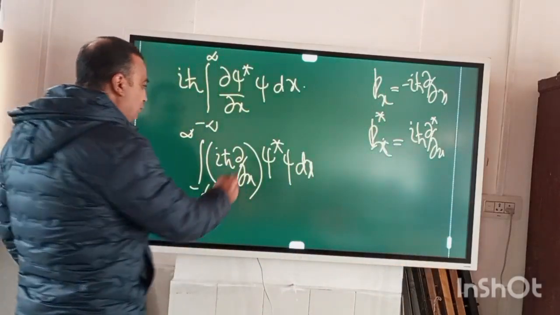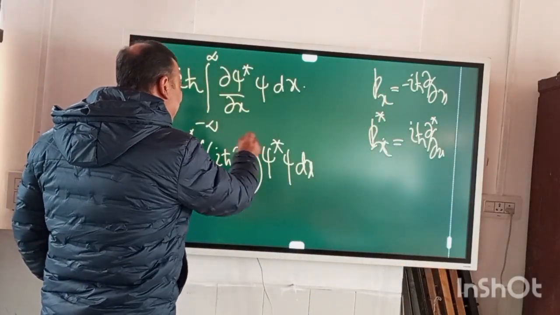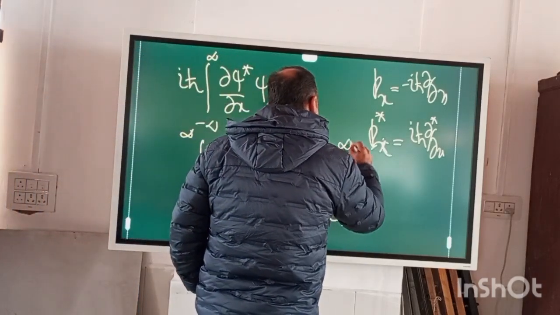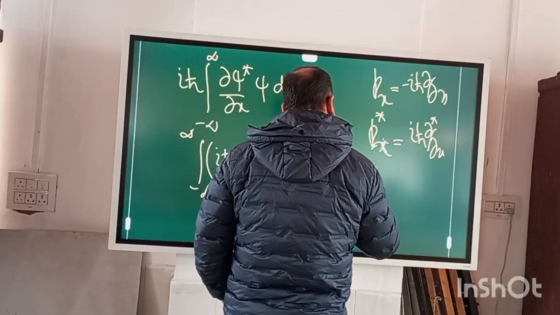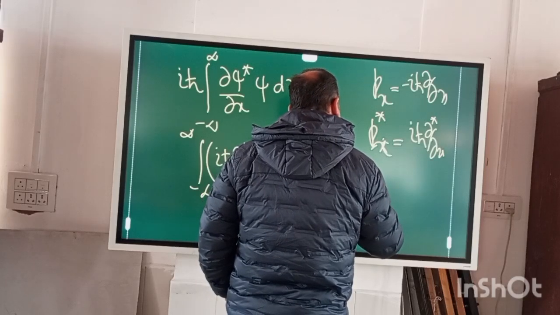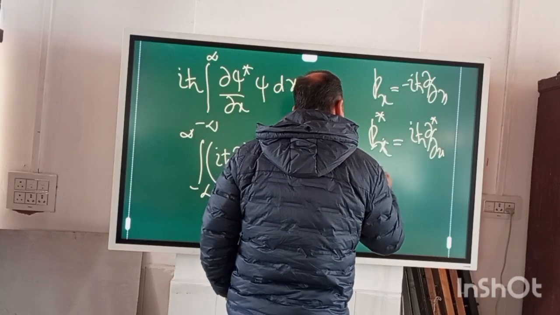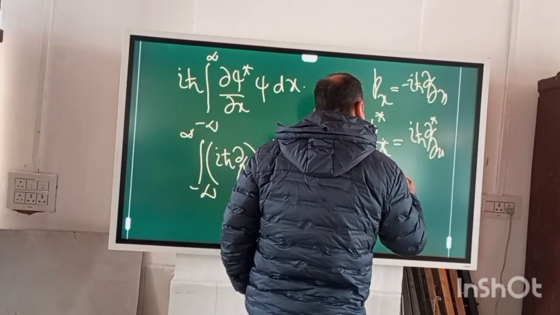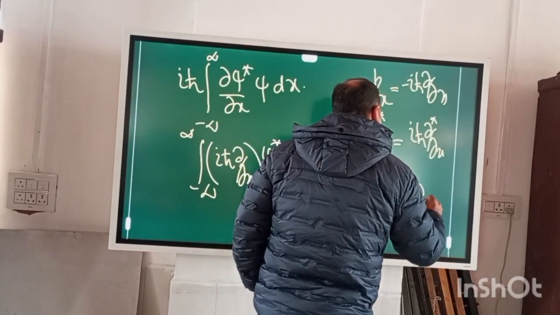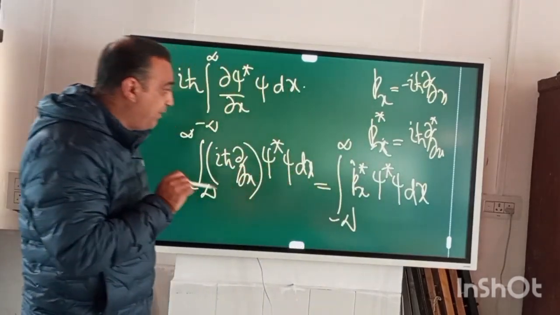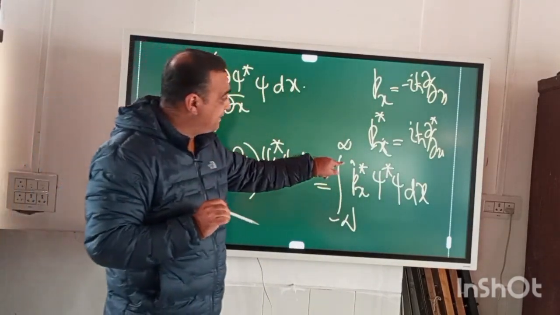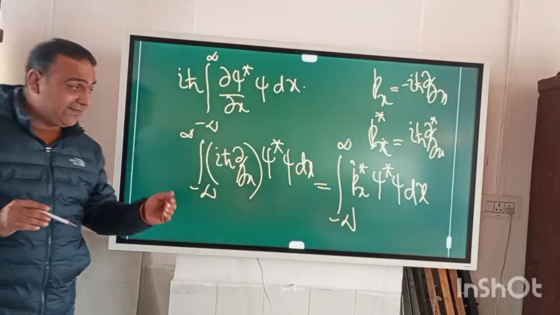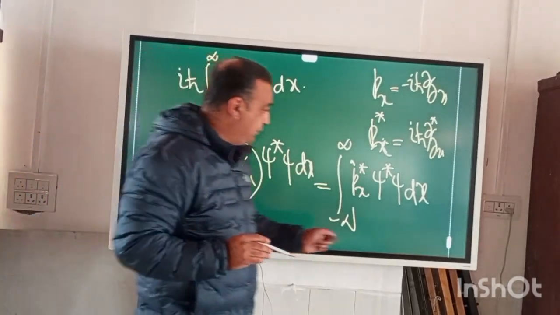So what's going to happen? This is my px star. So this is my integral from minus infinity to infinity of px cap star psi star times psi dx. Maybe I don't remember exactly, I might have made a mistake somewhere with the star, so I request you to fix that yourself.